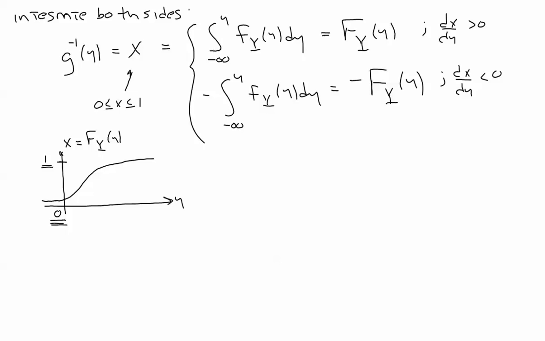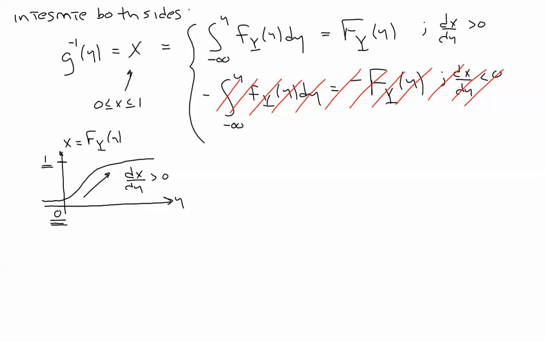Moreover, a proper cumulative distribution function is an always increasing function, meaning that dx/dy is positive. For that reason, there's simply no reason to look at the second part of the result inside of the curly braces. I can just simply ignore this part. It doesn't apply. The upper part of the result in the curly braces is my actual solution that I'm interested in.